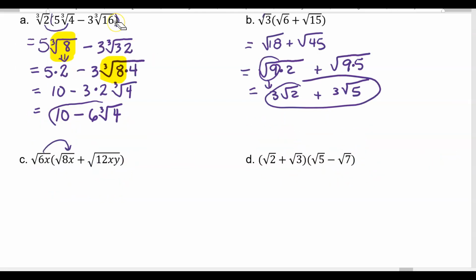Now the square root of 6x times the square root of 8x is the square root of 48x squared, plus square root of 6x times square root of 12xy is 72x squared y.